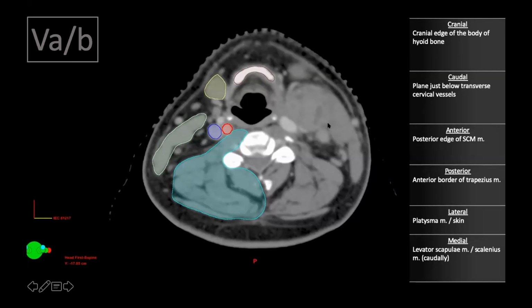So literally where it is going into the sternocleidomastoid, I'll let it go into the sternocleidomastoid, not crop it off. But medially with structures that are not involved, like the prevertebral muscles in this case, I will crop it off the prevertebral muscles. Since we were discussing elective nodal delineation, we did not discuss how to contour gross nodes, and I've not demonstrated it, but this is basically how it is done.